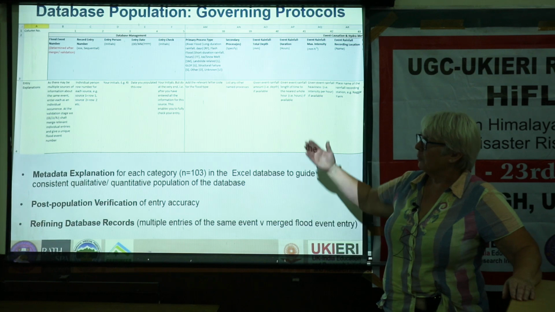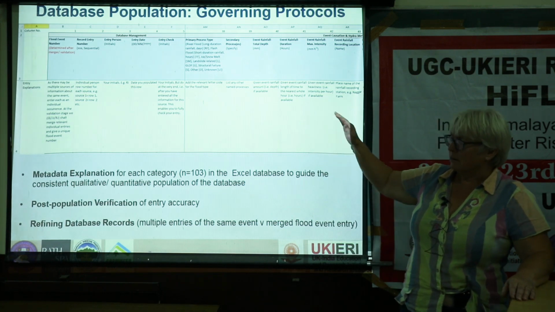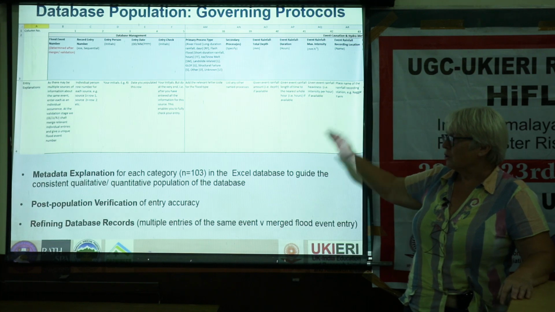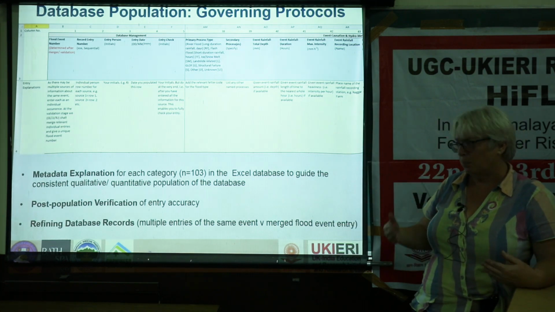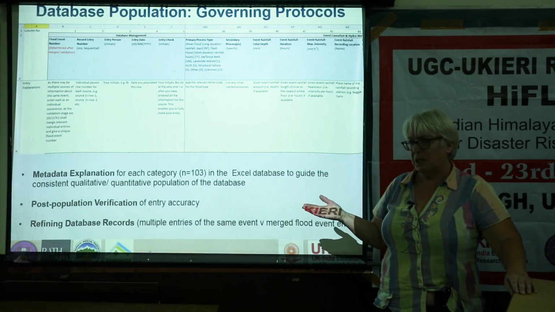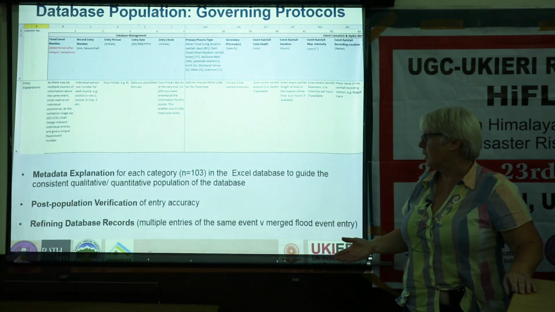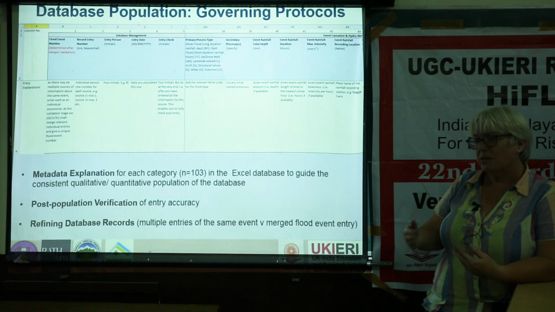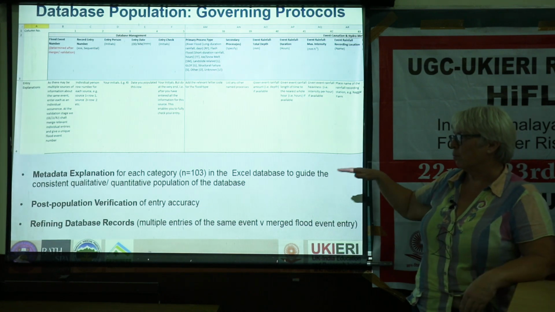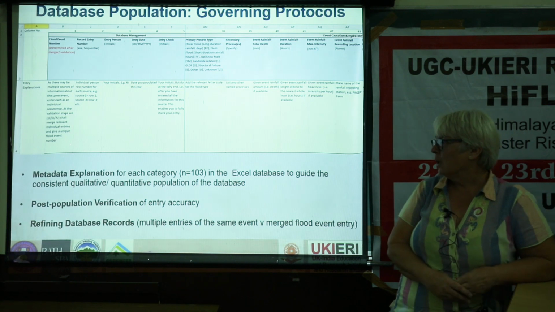Again, we actually decided on our governing protocols, and we adopted the same approach. So we had metadata explanation for each of the categories to guide the consistent qualitative and quantitative population of the database.